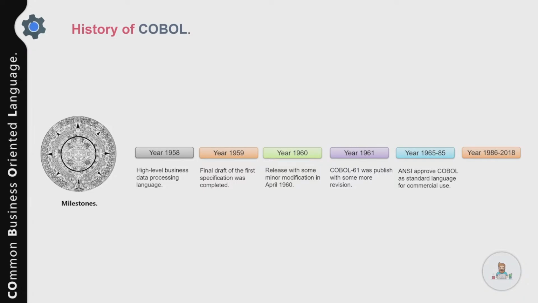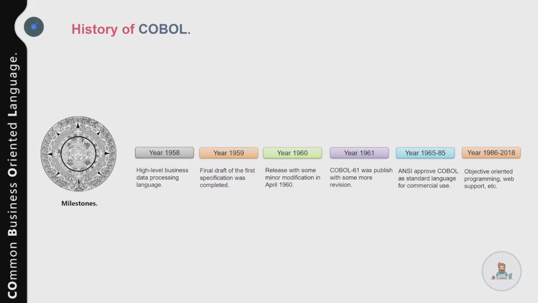And this version of COBOL is known as COBOL 68. And from 1968 till 1985, there were multiple versions of COBOL released including additional features. Multiple versions of the COBOL compiler were released between 1986 and 2018 with features such as object-oriented programming, web support, and many more.